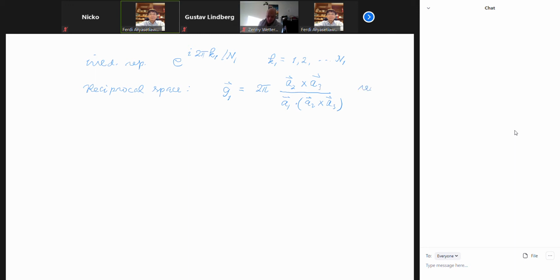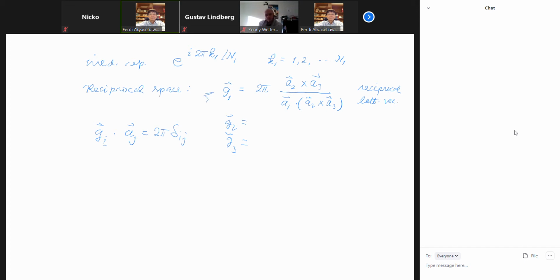There's another two, of course, G2 and G3, very similar. You can see this in the notes. But it has the property, I think you can easily check, that if I take the dot product between Gi and Aj, this is equal to 2 pi delta ij because of these constructions.